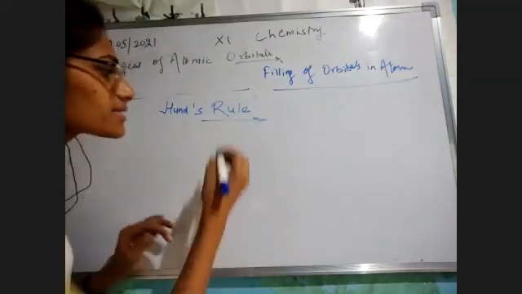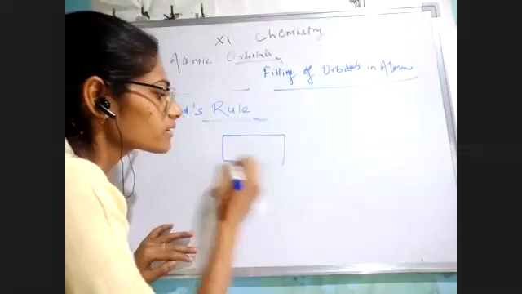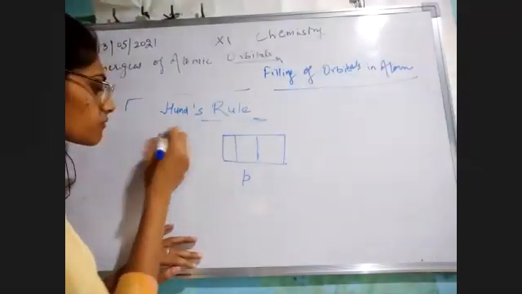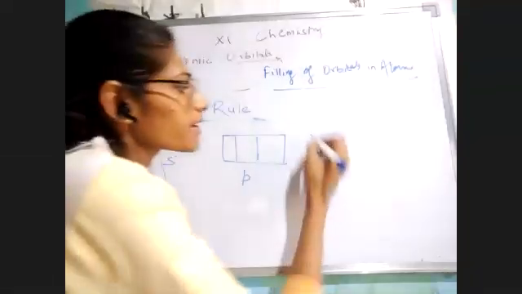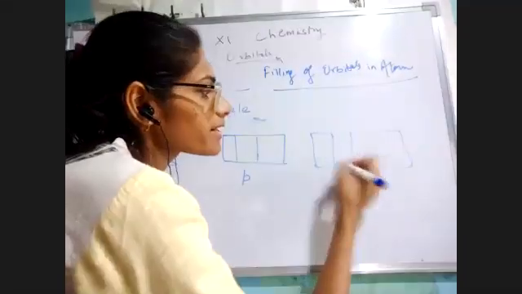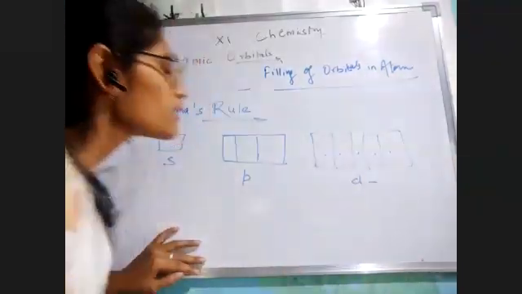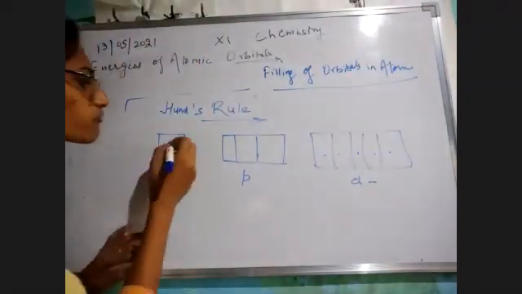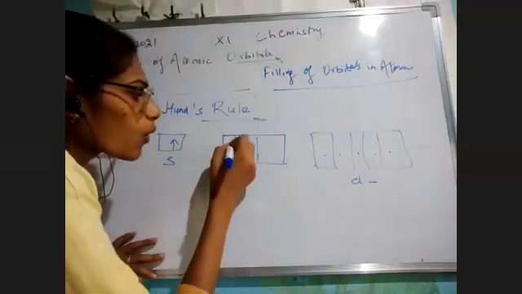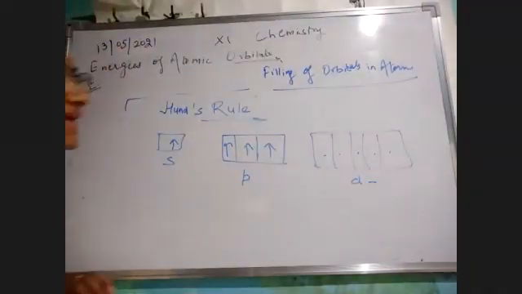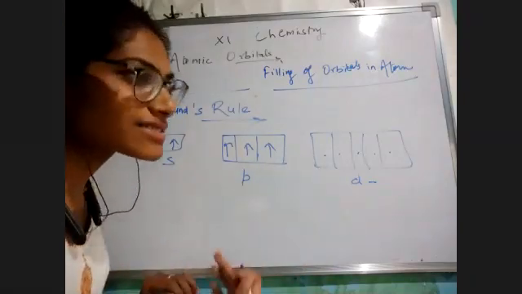He has told us that suppose we have 3 orbitals for P, 1 orbital for S, and 5 different orientations for D orbital. He told us that first all the orbitals must be filled. Only then would we start with our next electron.